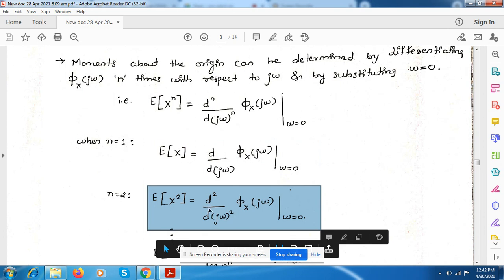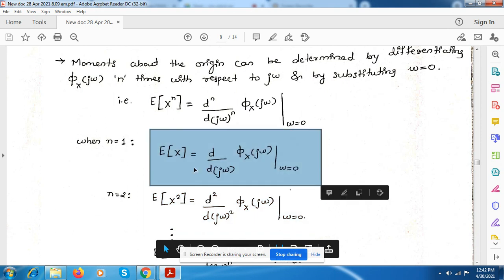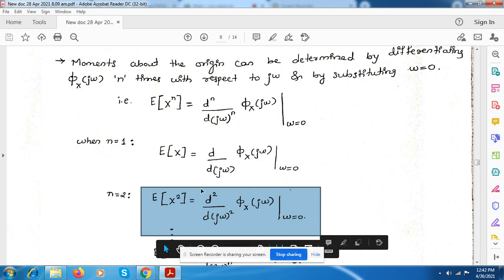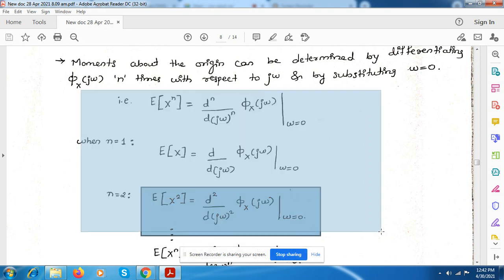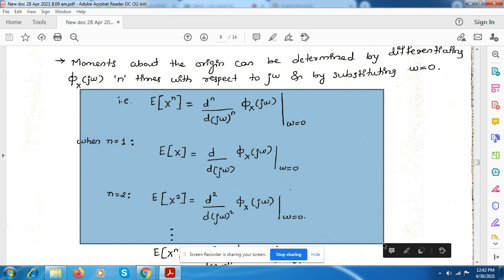Here you differentiate the characteristic equation twice and then put omega is equal to 0. To calculate the first order moment, differentiate once and put omega is equal to 0. To calculate the second order moment, differentiate twice and put omega is equal to 0. So these are the three important formulas you have to note down in your book.